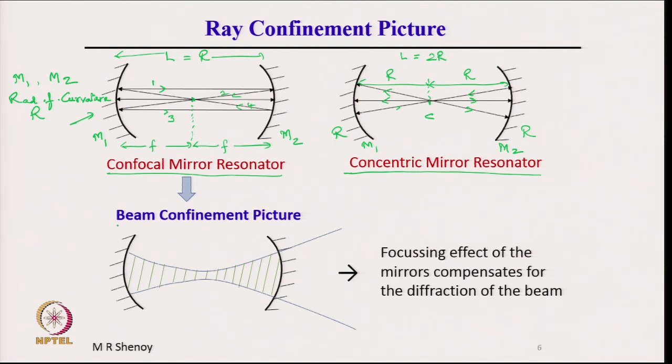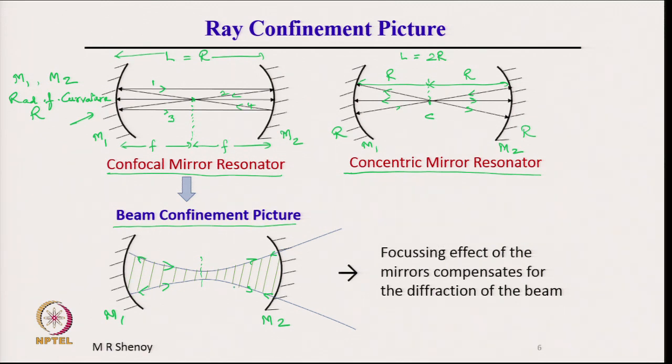There is also a beam confinement picture, where the beam is confined into the resonator. There is a spherical mirror resonator, with spherical mirrors M1 and M2, and a beam of light which is travelling. Let us say the beam travels from here, it slowly diffracts as it propagates, but when it reaches the mirror, the mirror focuses it back.